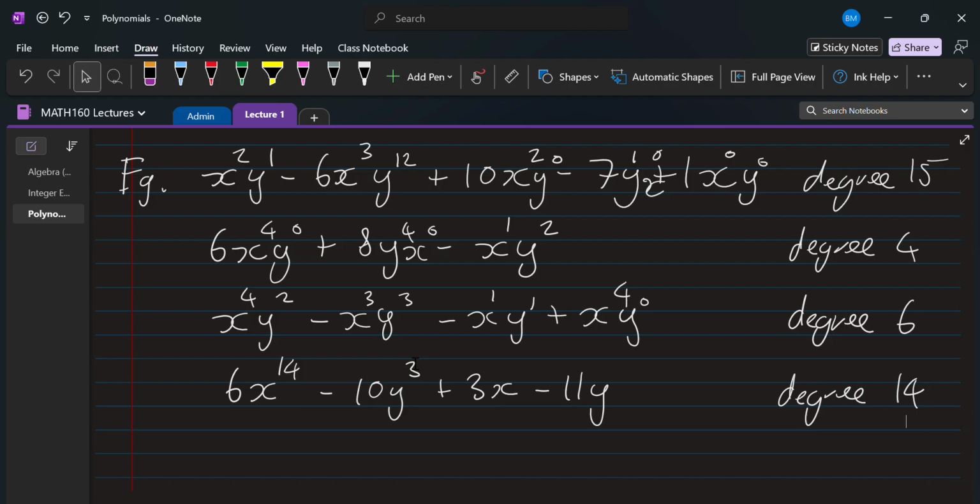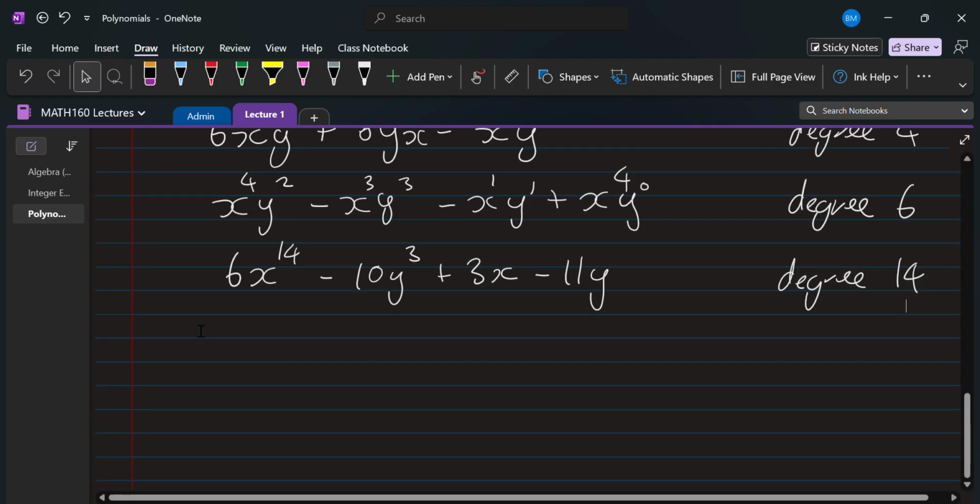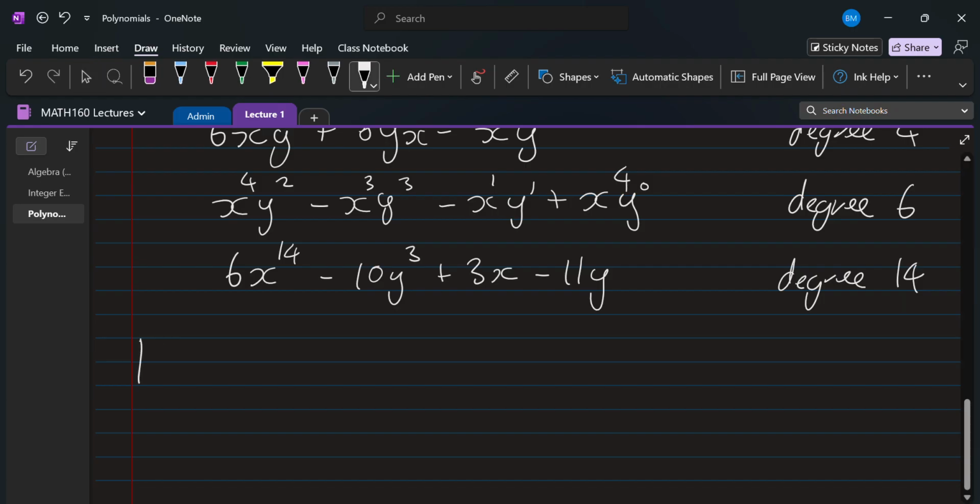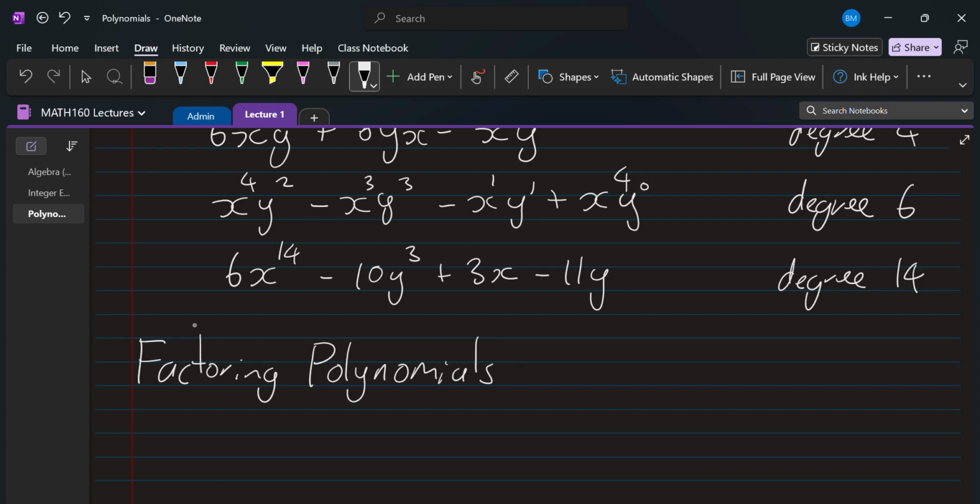So it's a polynomial in two variables. Looking at the first term alone and the second term alone doesn't tell you anything. The whole thing contains x and y. It's a polynomial in two variables. Okay, we'll do this one a bit quicker. First one is 14, then 3, then 1, then 1. 14 is the biggest, degree 14.